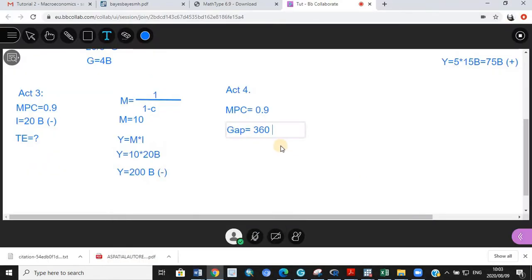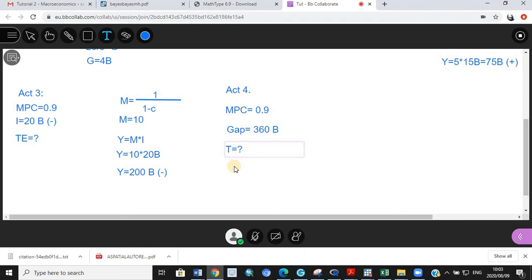We don't know by how much tax should be decreased in order to close this gap.